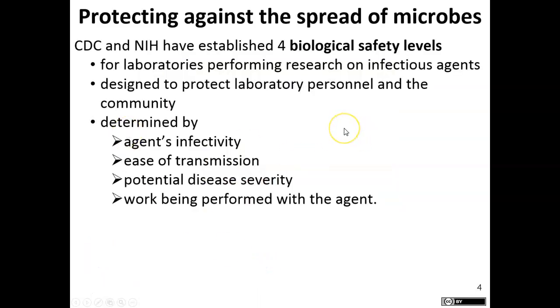The CDC and the NIH, the Centers for Disease Control and National Institutes of Health, have established 4 different biological safety levels for laboratories, and they're determined by what type of agents the laboratories are using, how easy transmission of the agents is, how dangerous the disease is, and what type of work is being done.